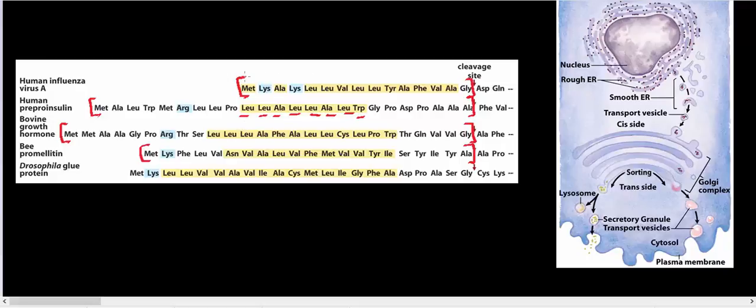Okay, so these hydrophobic residues over here on the left side of the cleavage site, all of these are called signal sequences. And if you look at the sequences, there doesn't really seem to be very much sequence homology. But suffice to say, when the DNA gets transcribed, of course you get mRNA, right? And the mRNA consists of exons and introns.